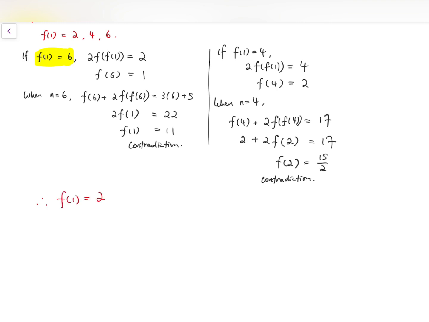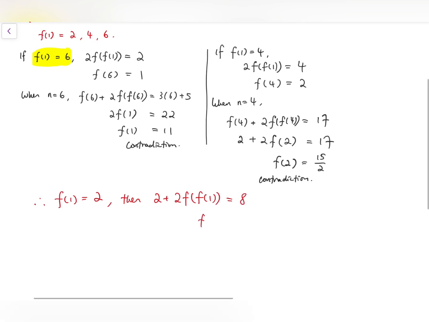and that's f of 1 equals 2. And we can use the same trick, which is that 2 plus 2 times f of 1 equals 8. And so f of 2 equals 3.